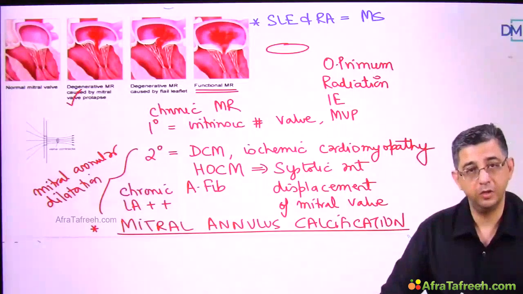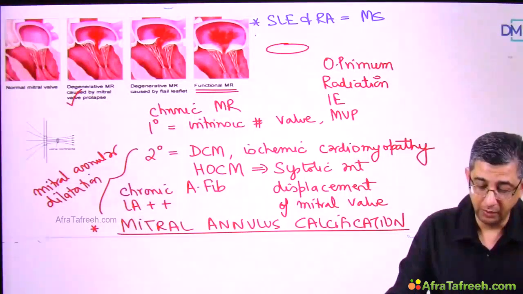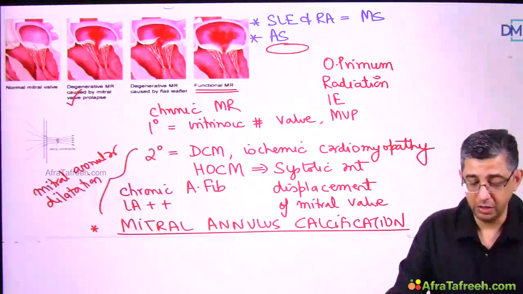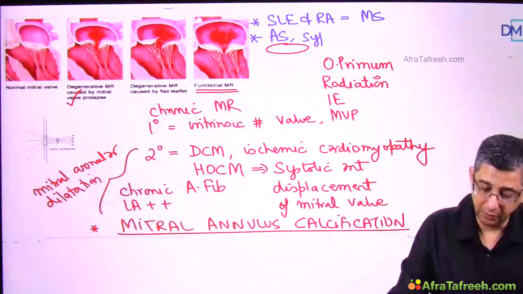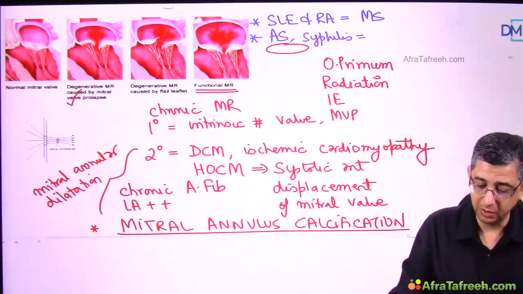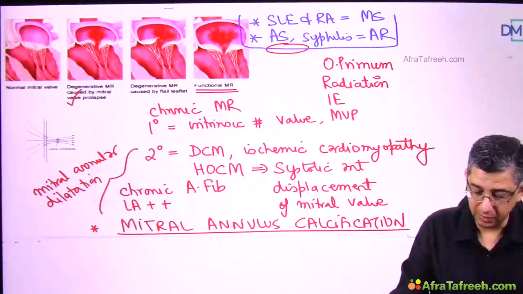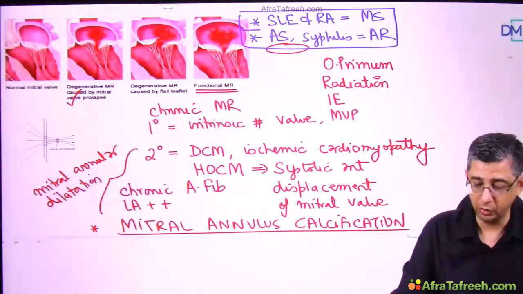Mitral stenosis, obviously rheumatic is one of the causes, but SLE and rheumatoid arthritis are to be remembered. Then ankylosing spondylitis, that is HLA-B27 positivity, and syphilis are associated with development of aortic regurgitation. Because these are relatively less studied facts, they have been asked in the exam and I want you to remember them.